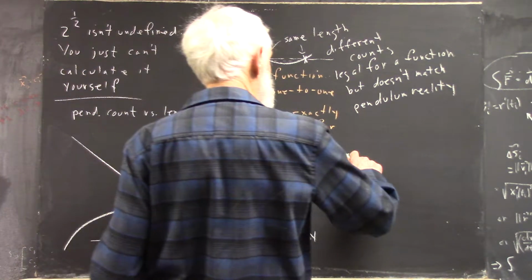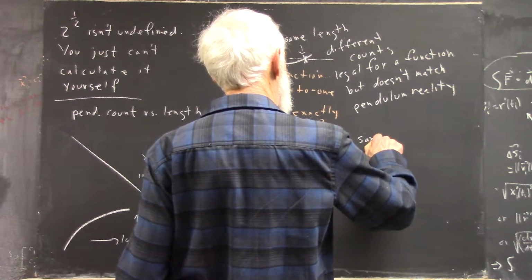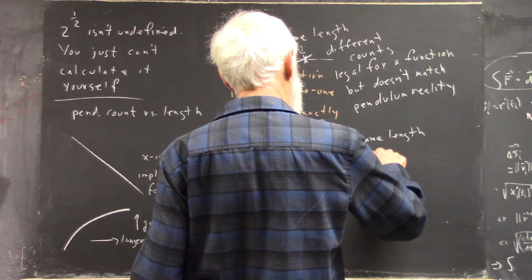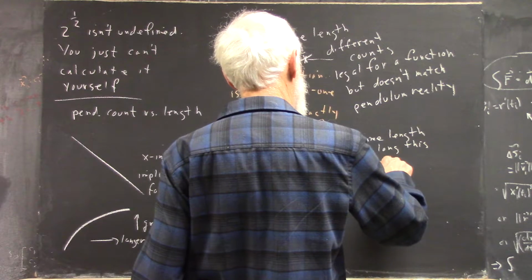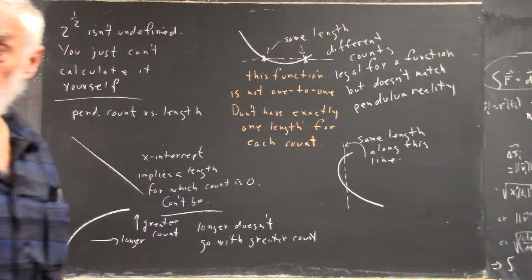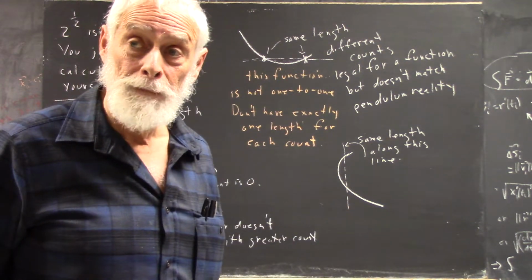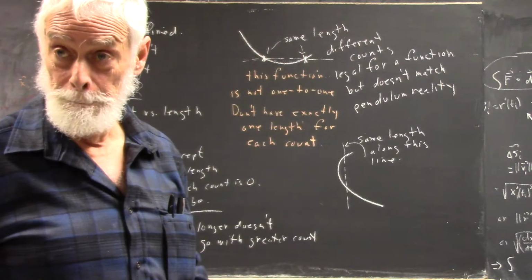So this would show you everywhere along this line it's the same length because it's going to intercept the x-axis at the same point, right? It's going to have the same x-coordinate everywhere along that vertical line.